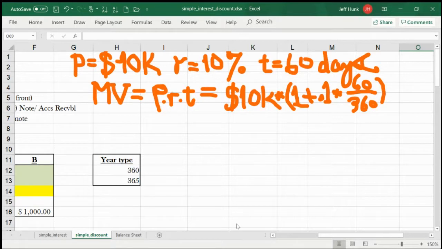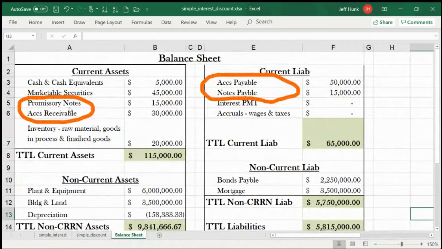The promissory note is part of the liquid assets or financial assets. In other words, it's a commercial paper that can be negotiated with the bank. In other words, they can sell it to the bank, okay? Now, promissory notes, think about it. Cash is already cash, right?